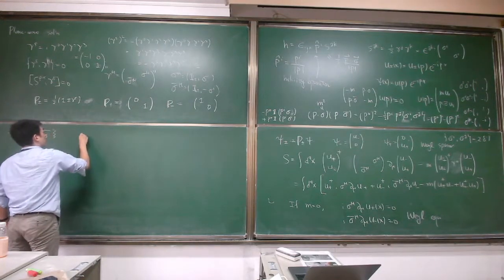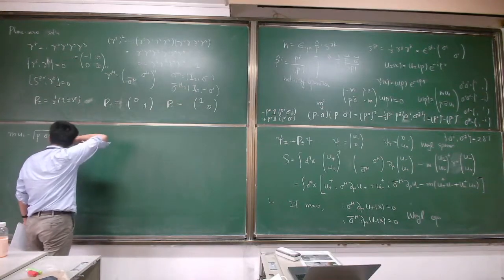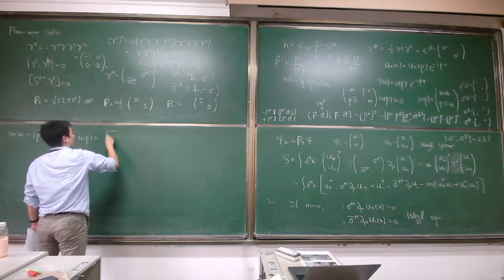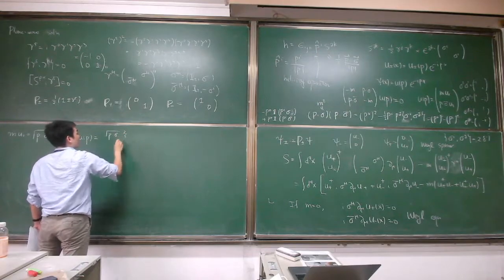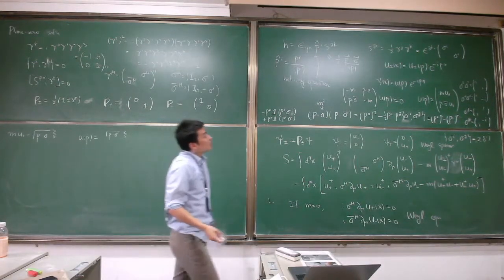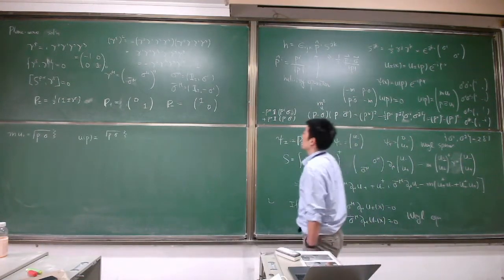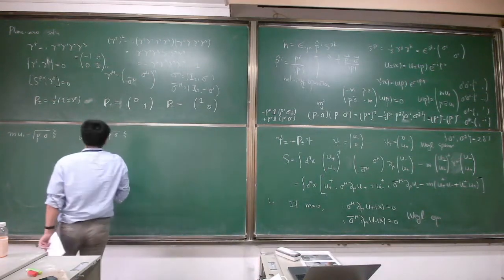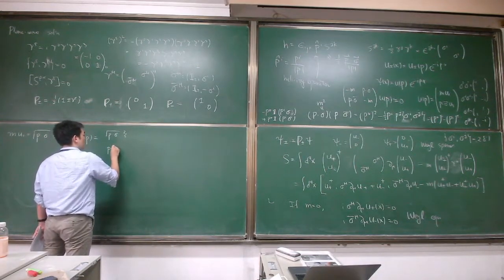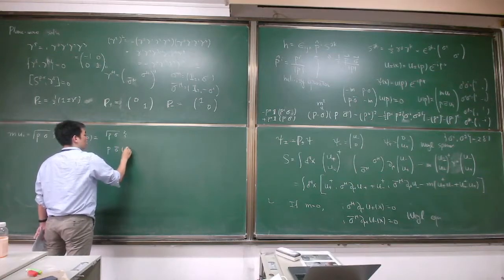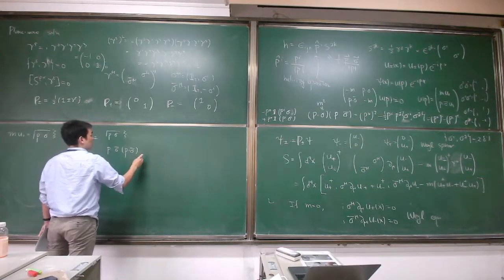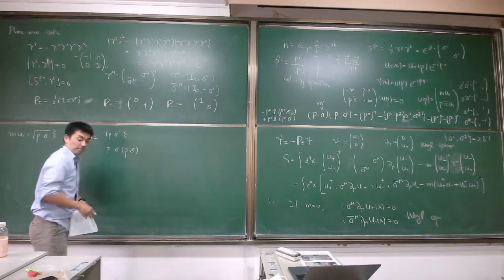Then u(p) is equal to p dot sigma times xi, and then here.